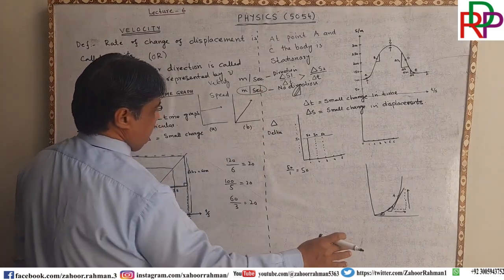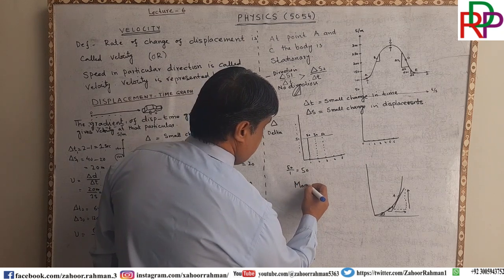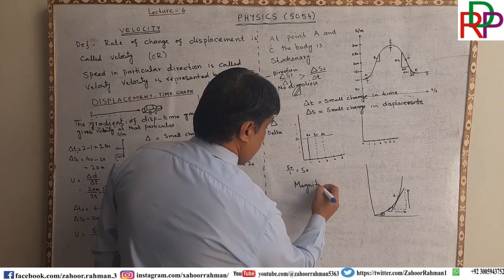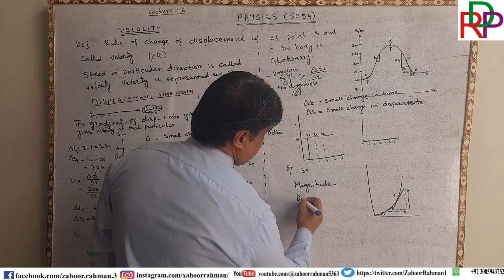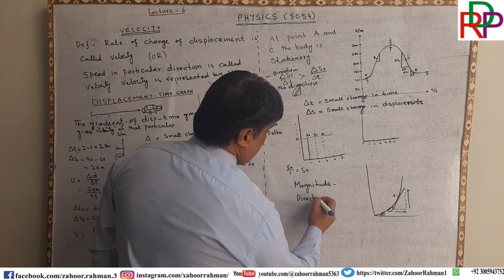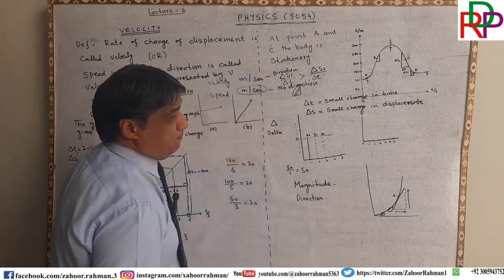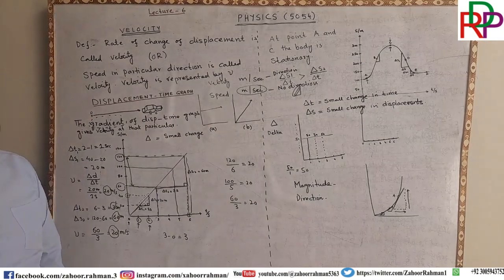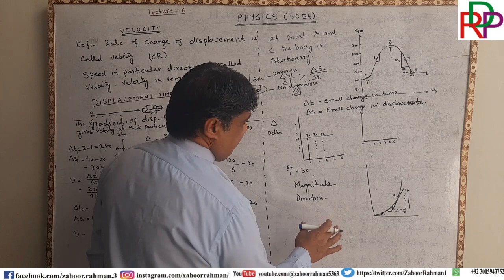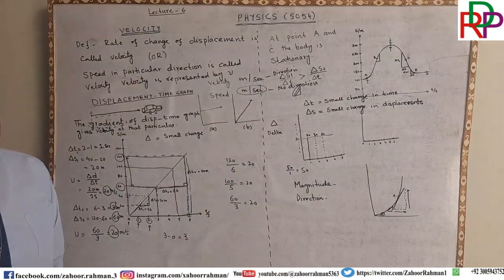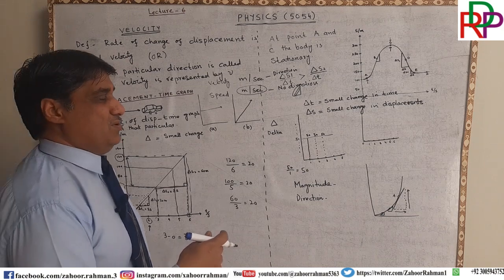What is a vector quantity? It must have a magnitude as well as direction. Those physical quantities which can be completely specified by magnitude as well as direction are called vector quantities. So velocity is a vector quantity.